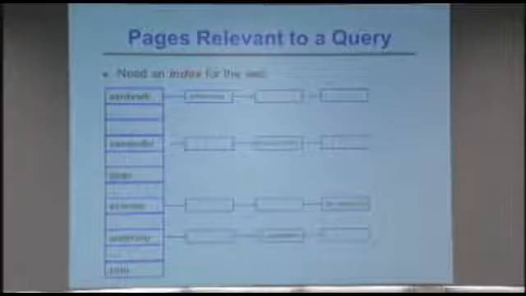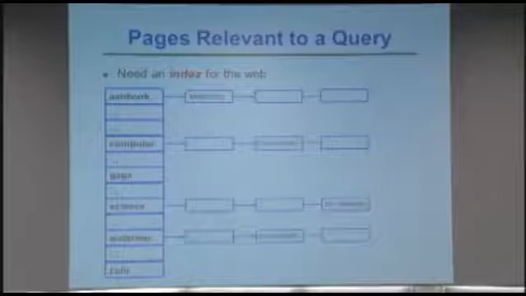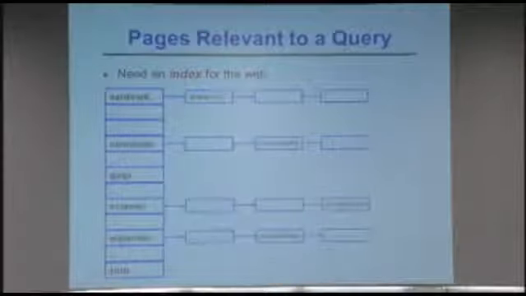So the word computer occurs on, I would assume, millions and millions of pages, and one of them is cs.waterloo.ca. The word science also appears on millions of pages, and one of them is cs.waterloo.ca. The word Waterloo appears on maybe thousands of pages. One of them is cs.waterloo.ca.